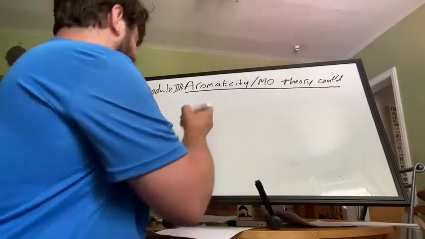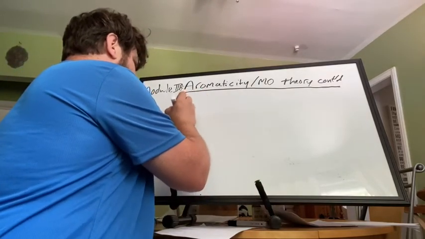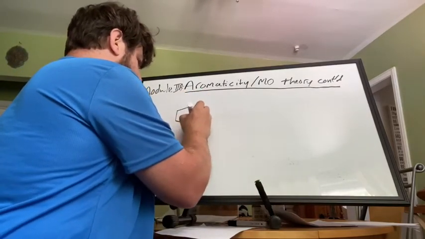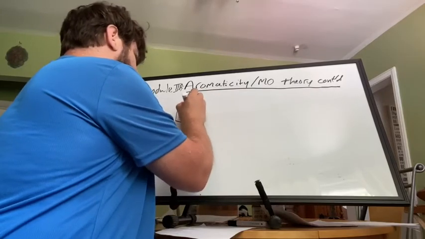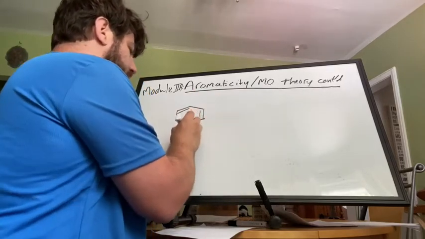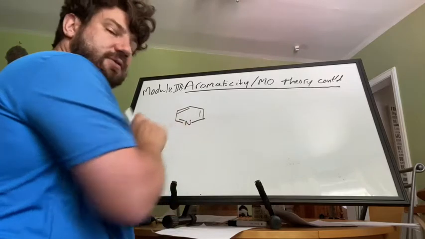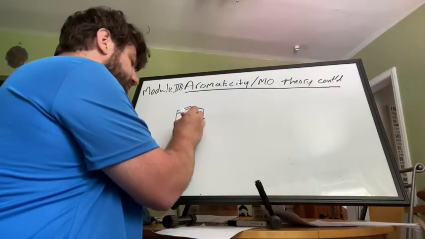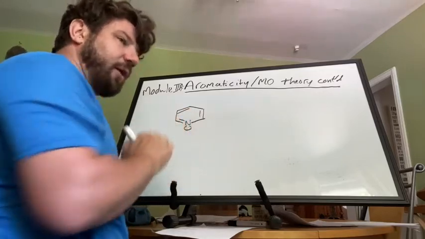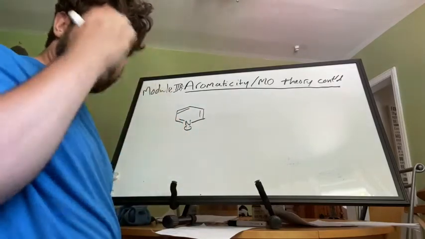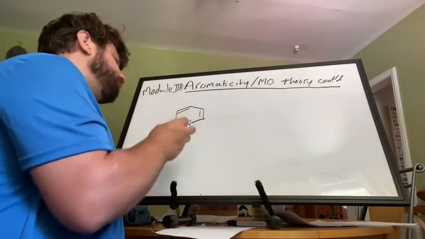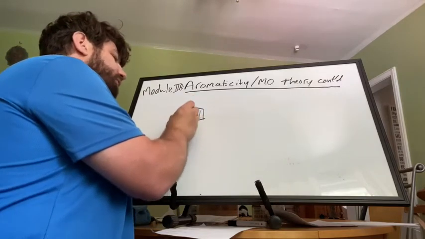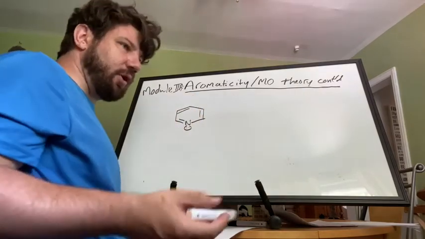Okay, so let's first take the example here in your notes, pyridine. Okay, so this nitrogen is going to be sp2 like everything else. So that means that lone pair has to stick out parallel to the ring, sticking outward, right? So 1, 2, 3 is the pseudo coordinate.